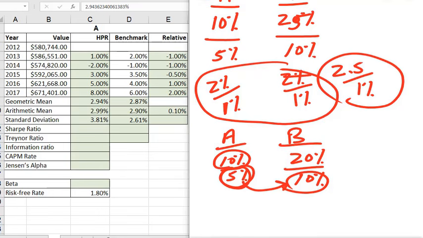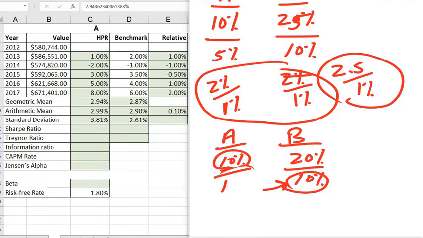So in other words, if A were just as risky as B, what type of return would it get? Well, A is half as risky as B, so that means we need to double it. So A's return that's comparable to B would make the standard deviation the same.